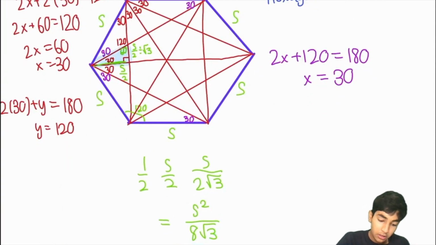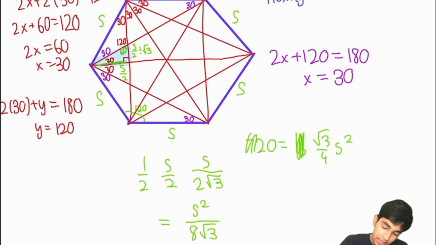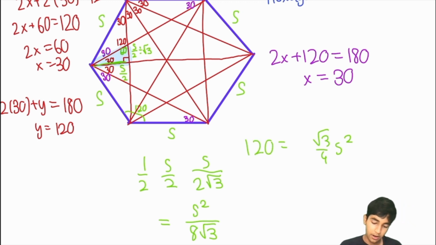Let's do that. So the area of a hexagon, 720, is equal to, remember, we can break the hexagon into 6 equilateral triangles. Each of them has side length s, and the formula for an equilateral triangle is root 3 over 4 side squared. So for a hexagon, it's 6 times root 3 over 4 side squared, which gives us 120 is root 3 over 4 side squared.